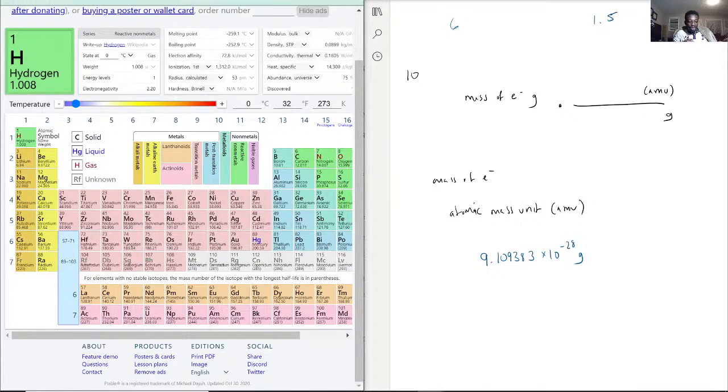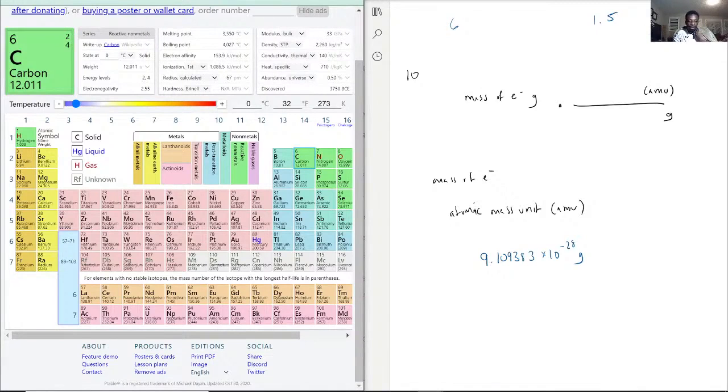But the point being is that the atomic mass unit, instead of just saying how much a hydrogen weighs, which would also be a lot harder to do, they decided to base it on the molecular weight of carbon.